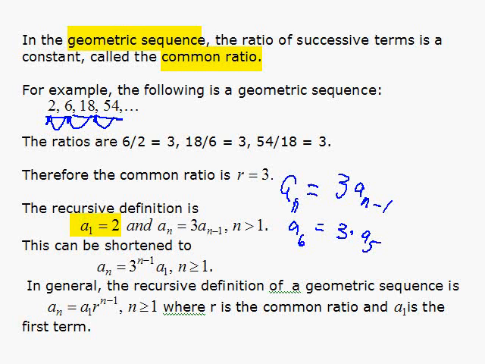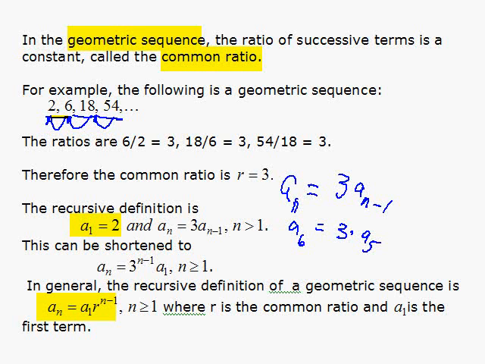Just like the arithmetic sequence, the geometric sequence can be written in one line. And here it is right here. I'll show you for this particular one. Instead of leapfrogging up, 2 times 3 is 6, 6 times 3 is 18, 3 times 18 is 54, you can instead start with the 2 and just multiply the 2 by as many 3s as you need to get up to 54.